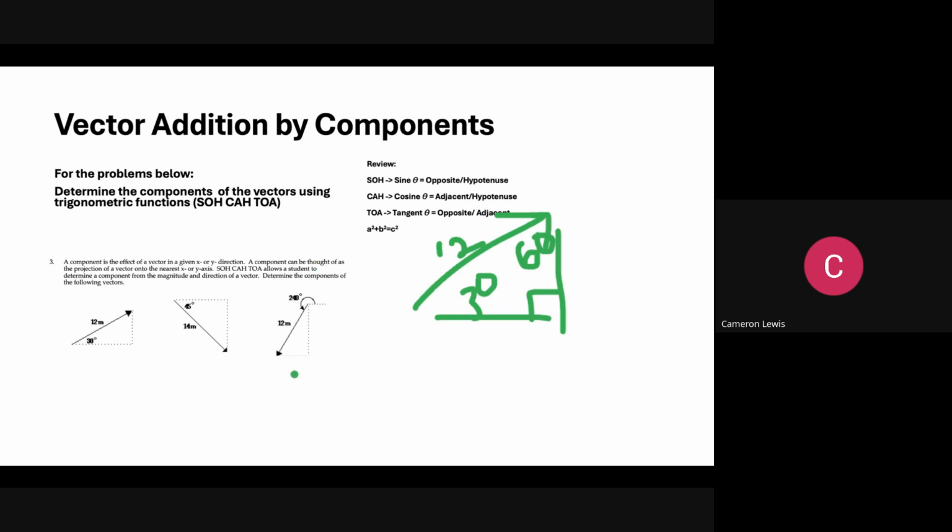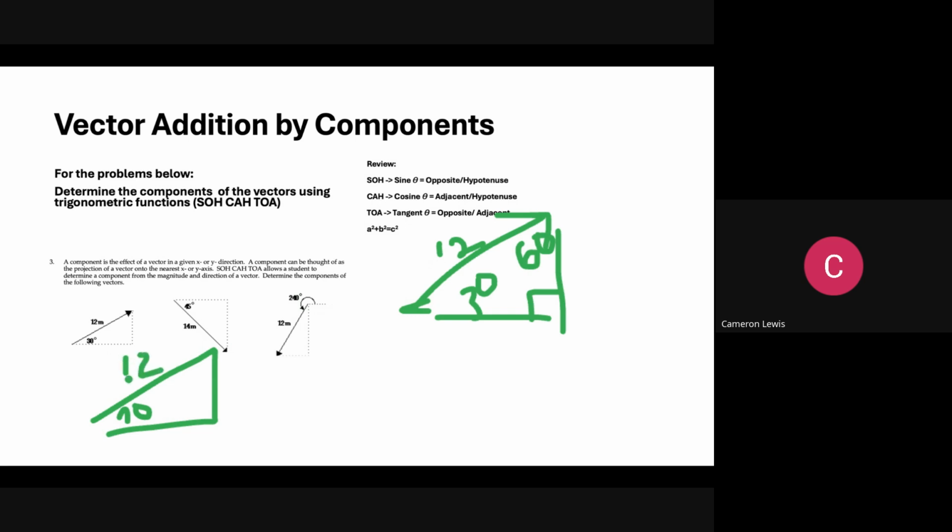So now me knowing that, I want to find the individual components of this one, right? So now if I redraw it, looking at the 30 and it's 12.